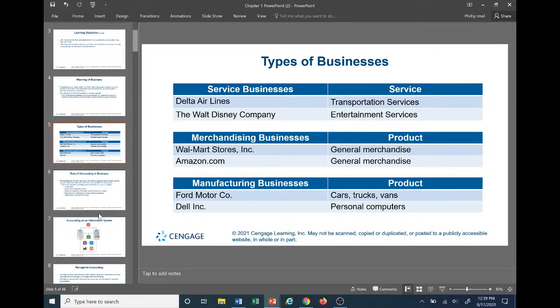They're going to produce or manufacture vehicles like cars, trucks, vans, motorcycles, things of that sort. And then another good example of a manufacturing business in the tech industry would be Dell. What they focus on, their manufactured product, is personal computers. So we can see here the three different types of businesses: the service businesses, merchandising businesses, and manufacturing businesses. So it's just important to know the different types of businesses.